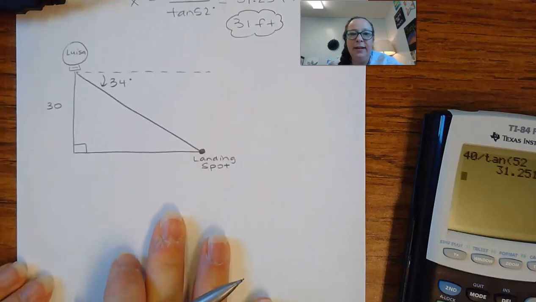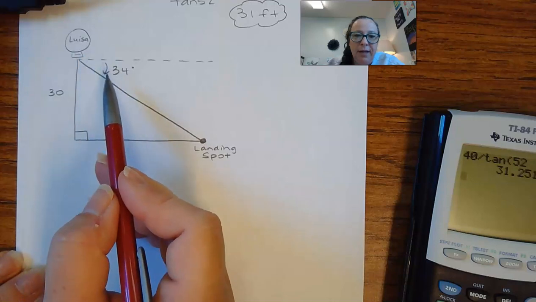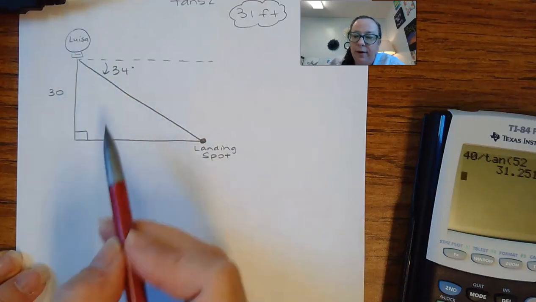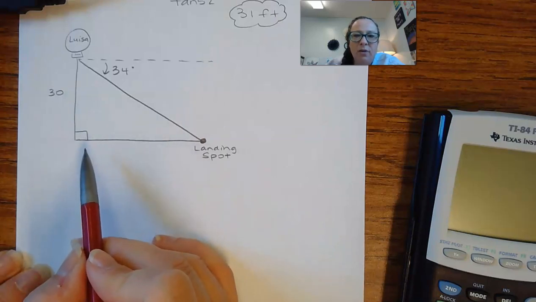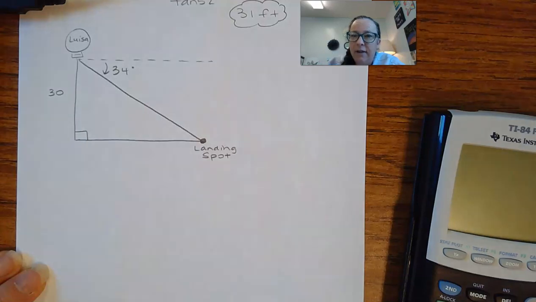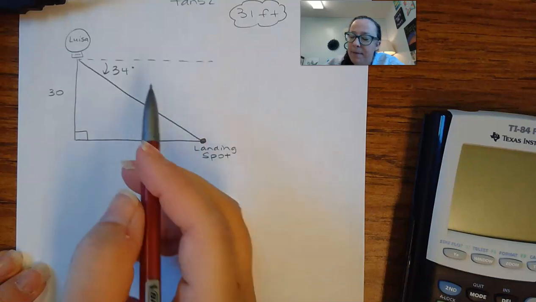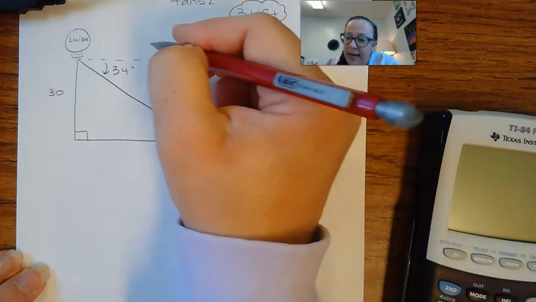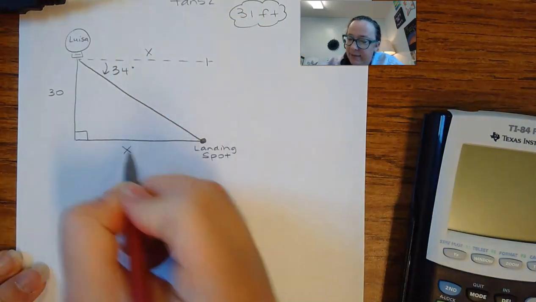All right. So here's my picture. We have Louisa in the hot air balloon. Her angle of depression to the landing spot is 34 degrees. The hot air balloon is 30 feet above the ground. Here's the right angle. Here's the ground. And it wants the horizontal distance from the hot air balloon to the landing spot. So really it wants this distance right here, which is the same as this distance.